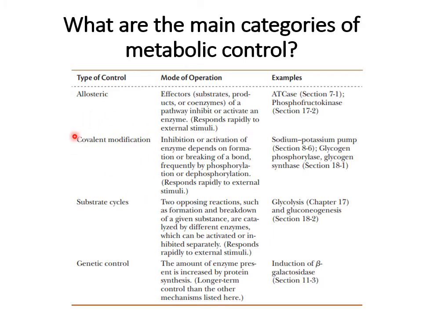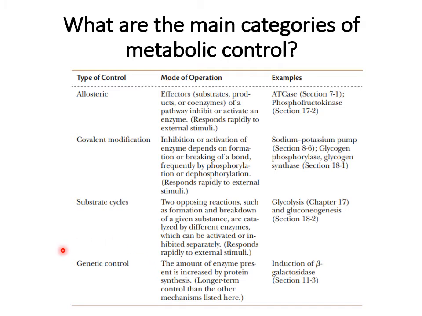You have covalent modifications, which are also going to be either inhibiting or activating an enzyme, and a lot of times can be irreversible. You have substrate cycles, and so that's along the ideas of the negative feedback that we keep mentioning of how products can block reactions and how having more or less of a substrate can affect whether or not that reaction can occur.